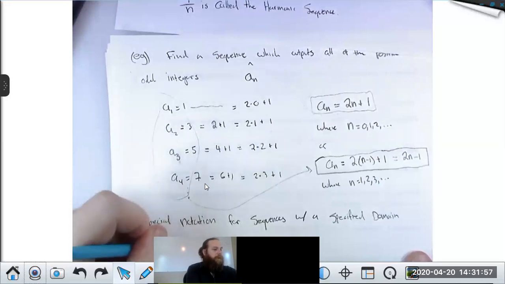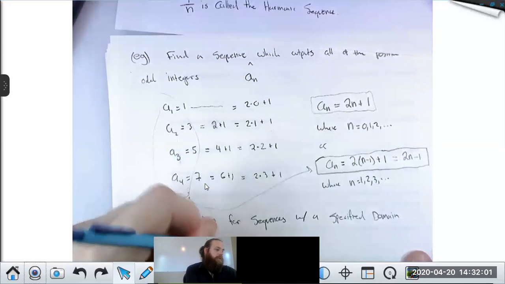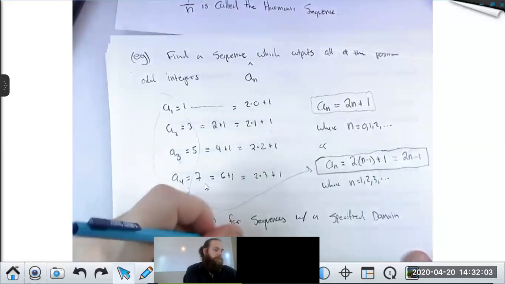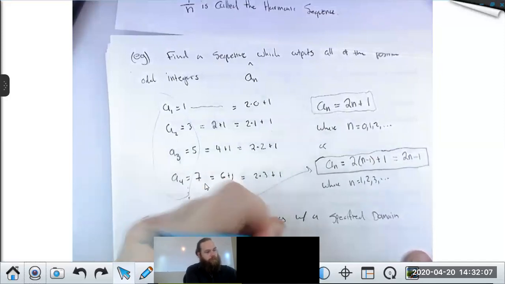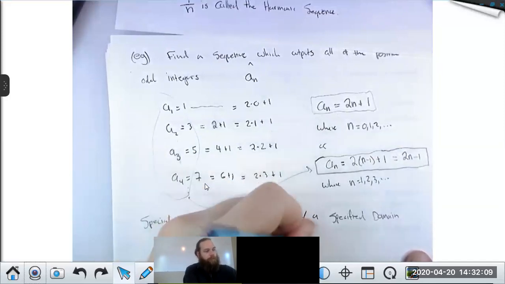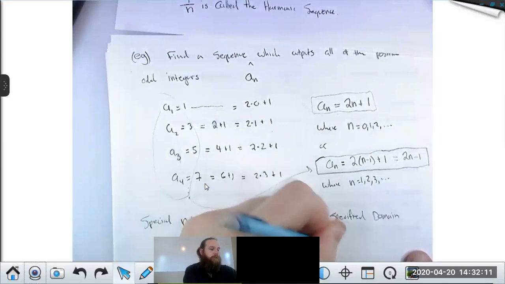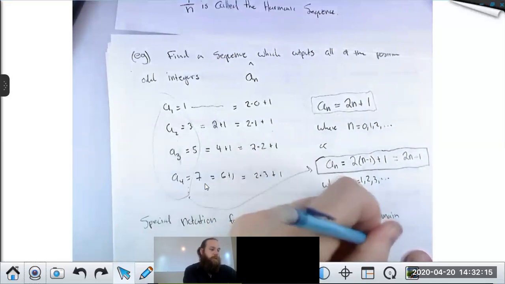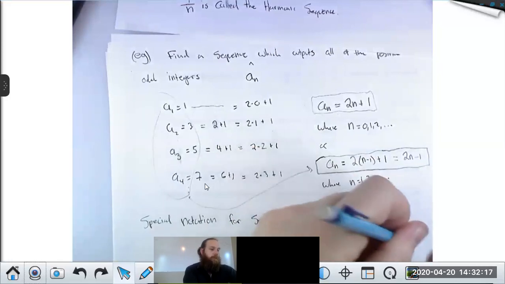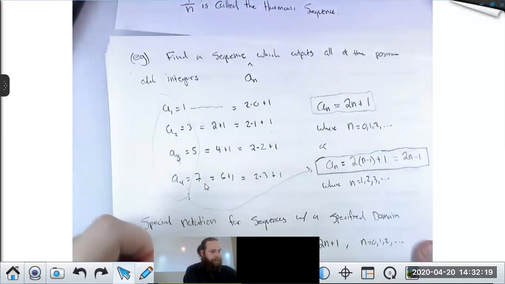So for that first guy, we can package the information an equals 2n plus 1, n equals 0, 1, 2, all the way off to infinity in the box.